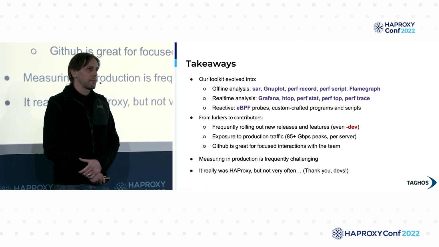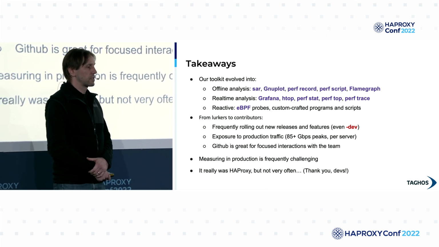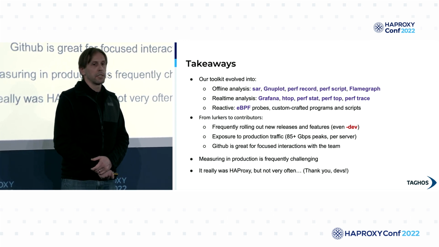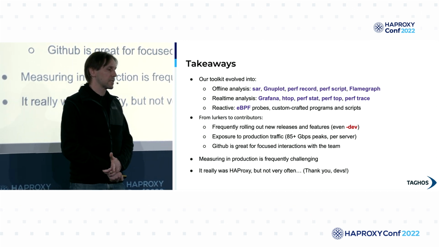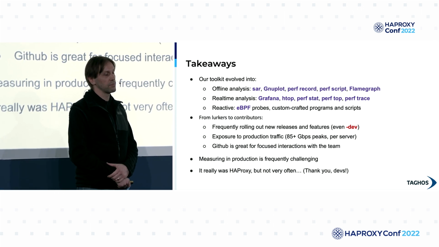Other tools are more suitable for real-time analysis when things are hot and happening. So we use Grafana, we have alerts. HTOP is a great friend. And we also use perf stat and top, and also strace occasionally, even to confirm if splice is running.